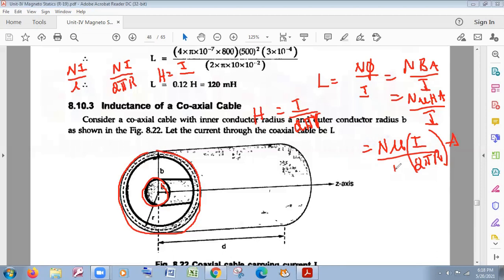It is not the capital R but a small r, because the Gaussian surface here is a small r. So N mu a by 2 pi r.